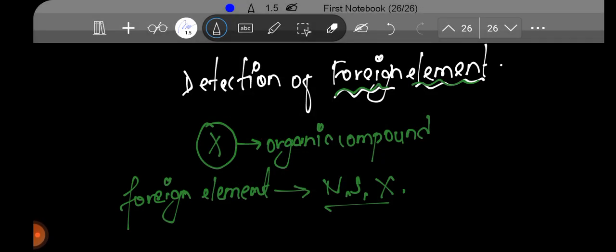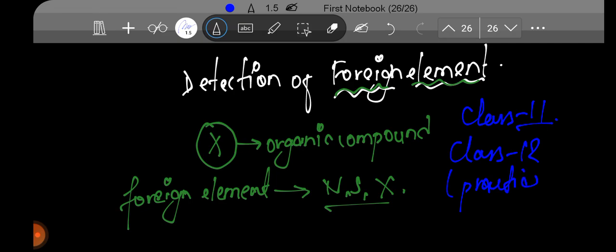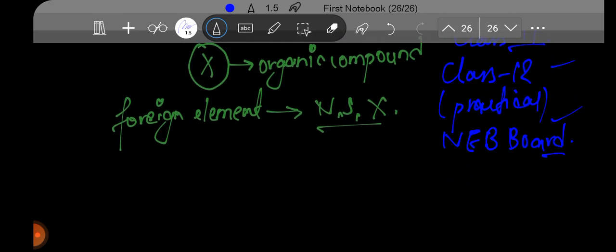This topic comes in class 11 in theory as well as class 12 in practical in the NEB board. So we will be dealing with both the theory portion as well as the practical portion. First of all, we should understand what foreign elements are.